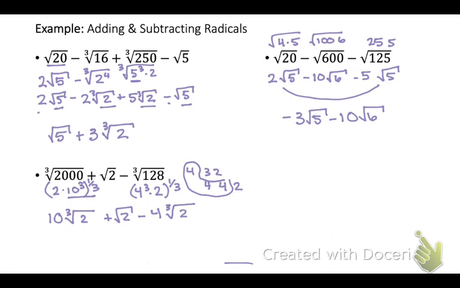If they don't reduce, it's still in the cube root. I can add them because I have the same root and the same radicand. So 10 minus 4 is 6, 6 cube root of 2, plus the square root of 2.